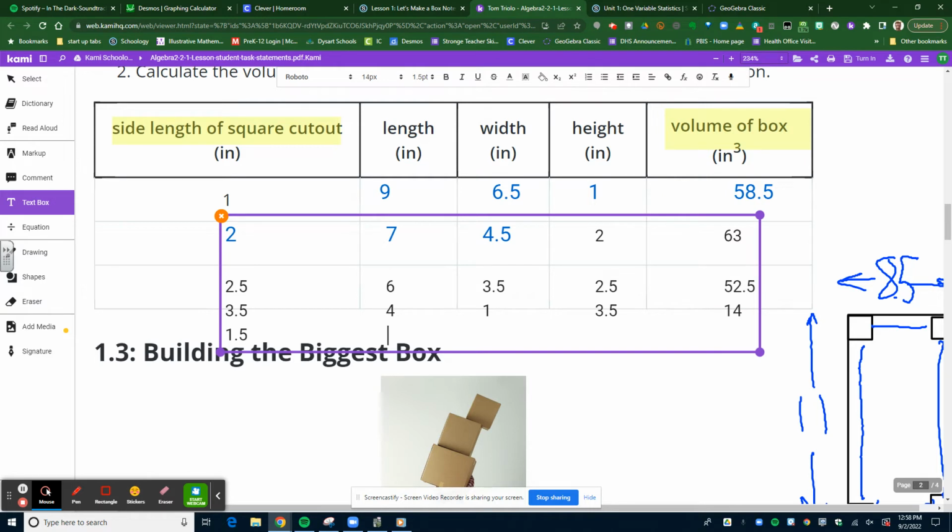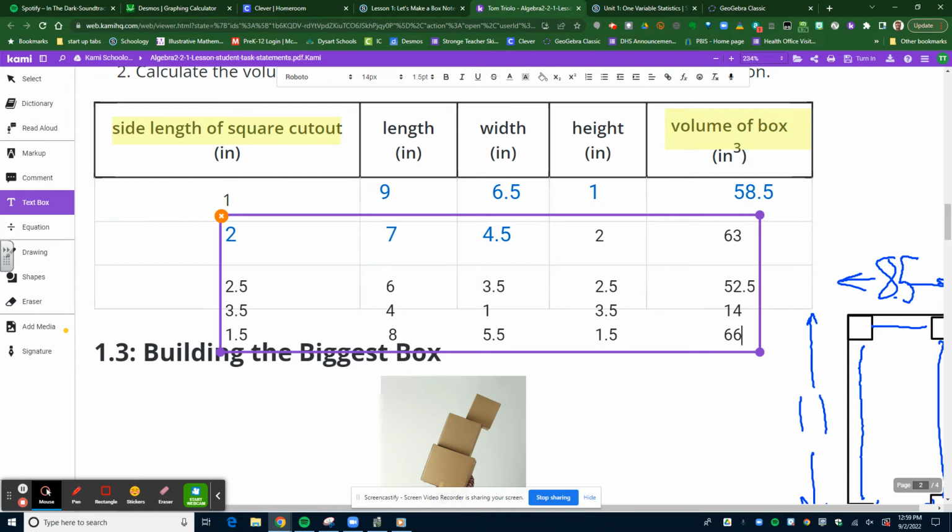What's my new length? My new length, 8. And my new width is 5.5? No. Okay, 5.5. And my new height should be my cutout, right? What happens when you multiply 3 of those together? 66? That looks like that might be my biggest.